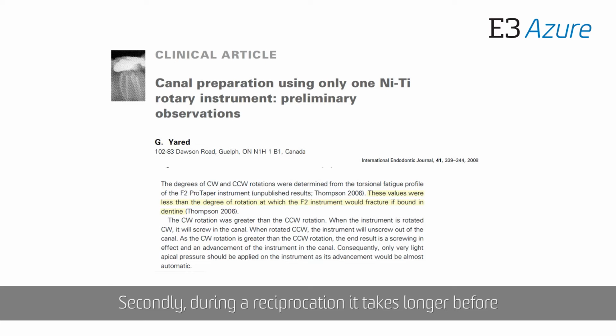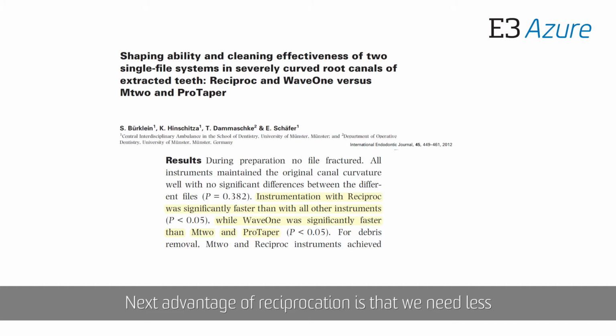Secondly, during a reciprocation, it takes longer before a file performs a full rotation, so before it crosses the torsional resistance of the file. The reciprocation motion also reduces the time needed for canal preparation.